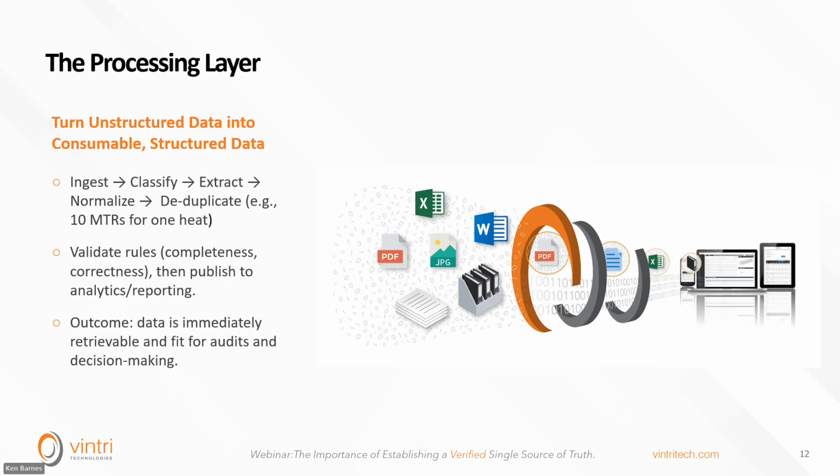After that, we deduplicate. Based on the situation, we either merge unnecessary duplicates or we keep multiple iterations. And last but not least, we validate all records. We check for their completeness and correctness. Once those are complete, the data can be safely published into analytics and reporting systems. Now it's clean, it's verified, it's audit ready.